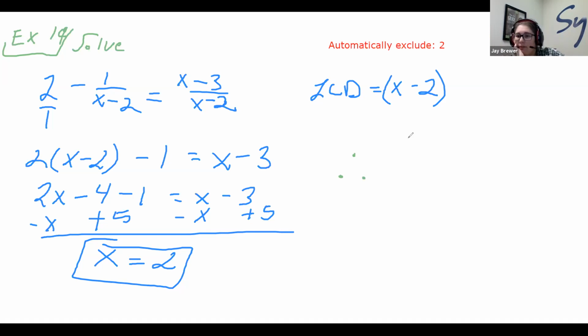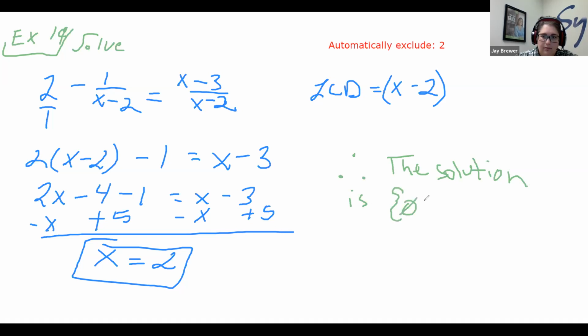No, we don't have to do a check in this case, because if our automatic exclusion was 2 and our solution is 2, then our solution is really the empty set.